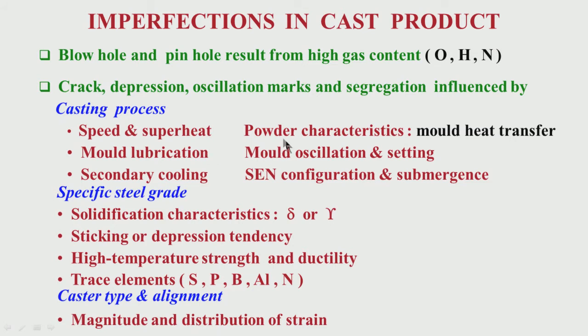Then what is the powder characteristics? In continuous casting, 2 issues are very important. One is the mold oscillation, which is necessary, and there is the powder which we are using for casting. You do not have any continuous casting where you are not using any lubrication.